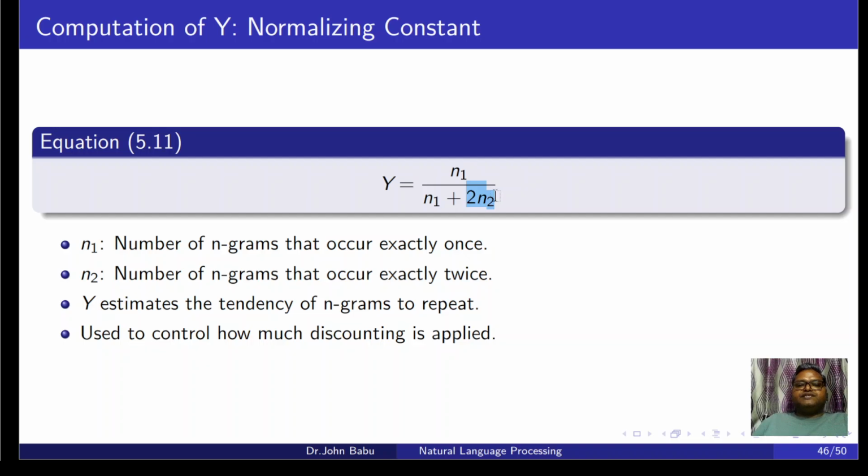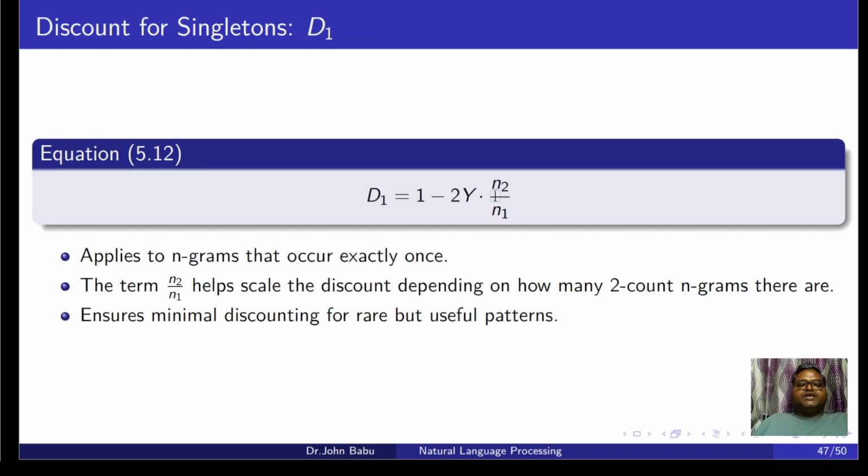Then the discount factor for singletons, occurring only once, is calculated as D1 = 1 minus 2Y times n2 by n1. This n2 by n1 helps to scale the discount depending on how many n-grams occur twice.